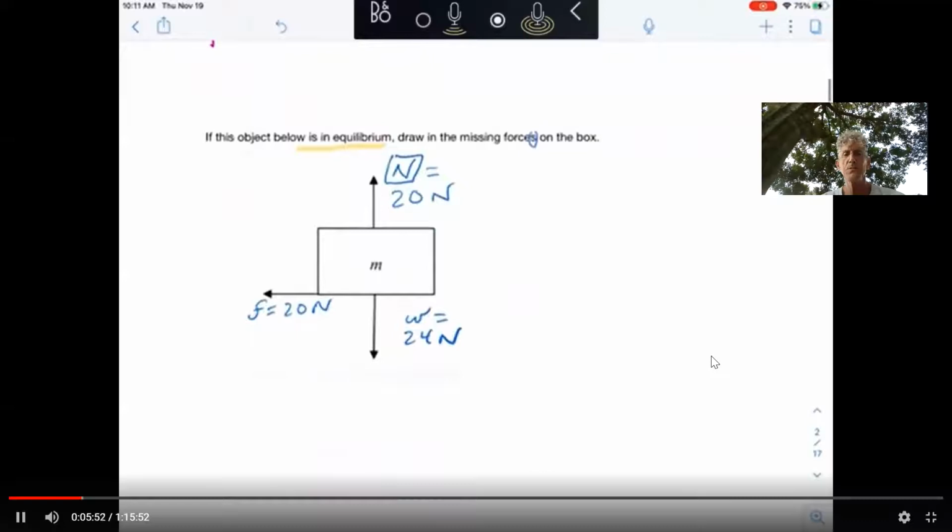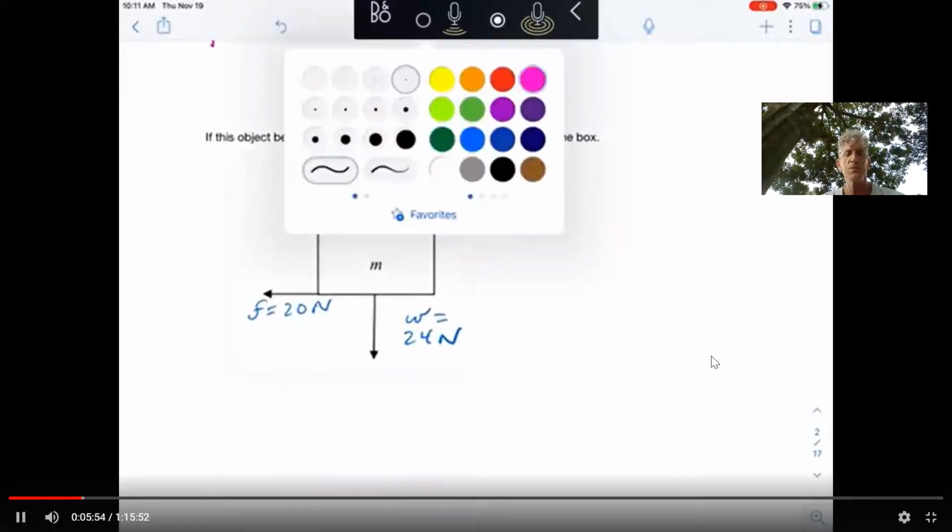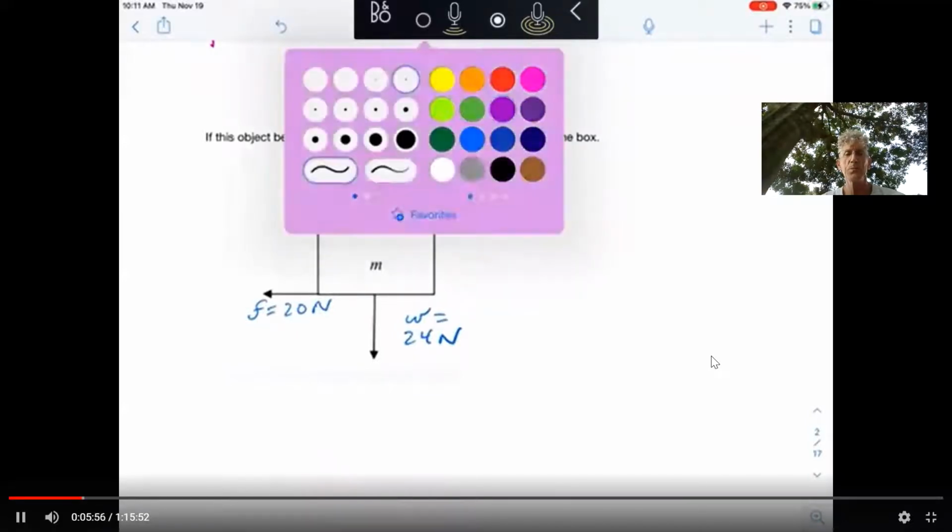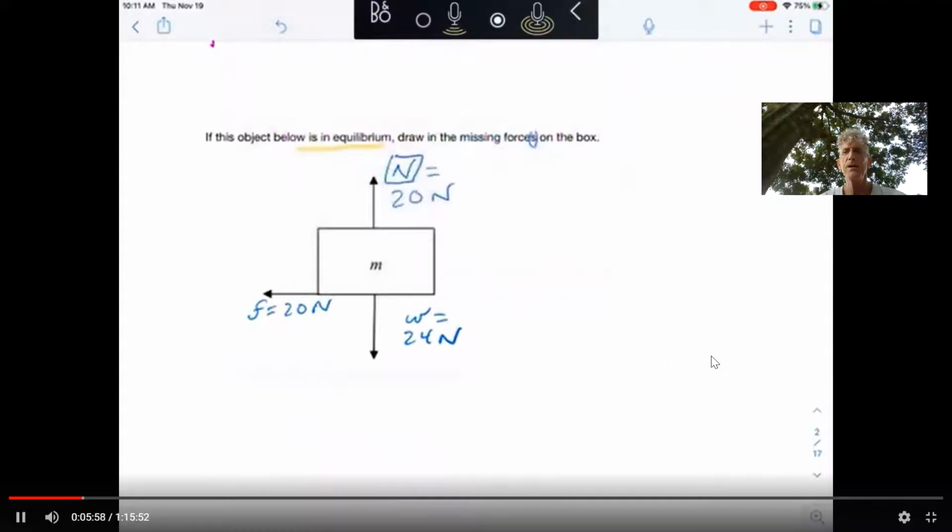And we already established that acceleration is positive. So the bigger arrow has to be the direction of the net force, or the direction of the acceleration.